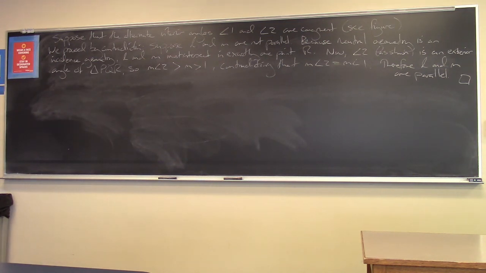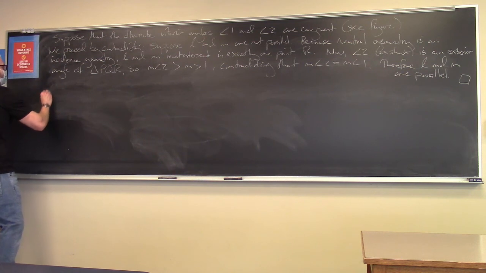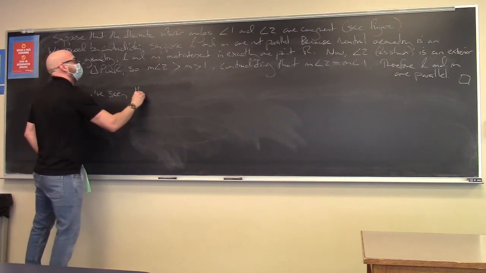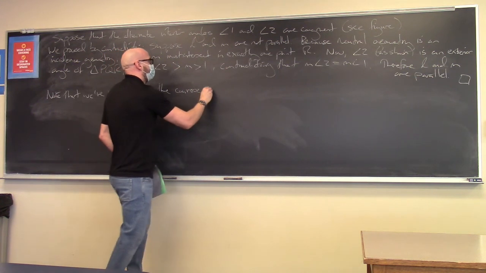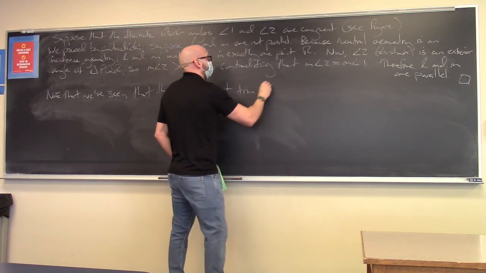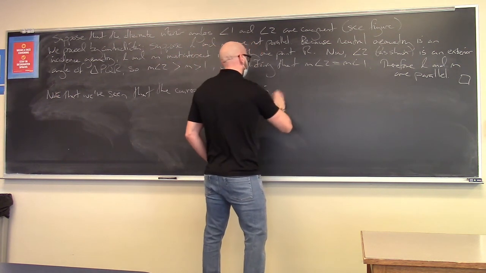And you've already looked at this for homework, and you've seen that the converse is not true in hyperbolic geometry. So note that we've seen that the converse is not true in hyperbolic geometry.